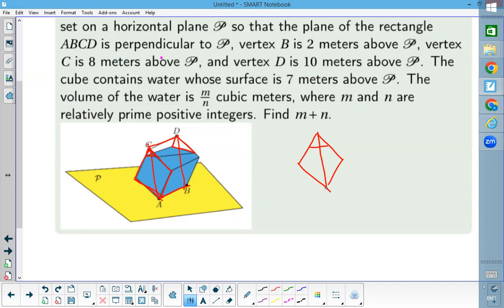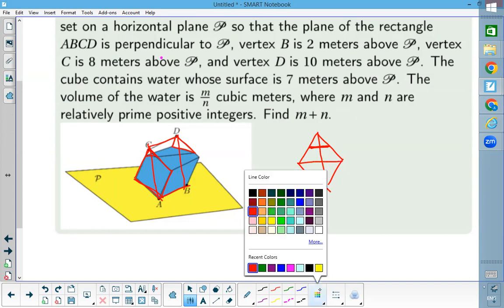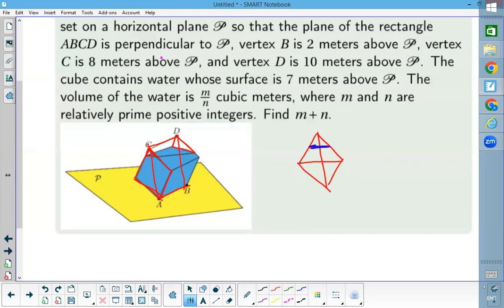What's important about that is that this tells us that the water level is horizontal. That means that the water level has to be parallel to the diagonal. That is the important observation. These two lines are parallel, which means that the empty air on top creates two isosceles right triangles.